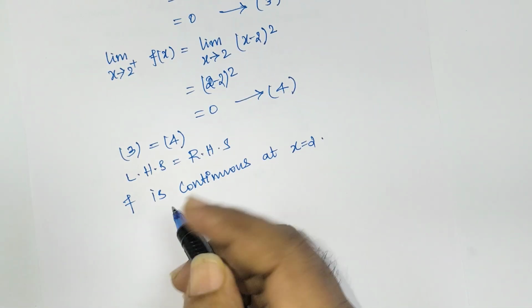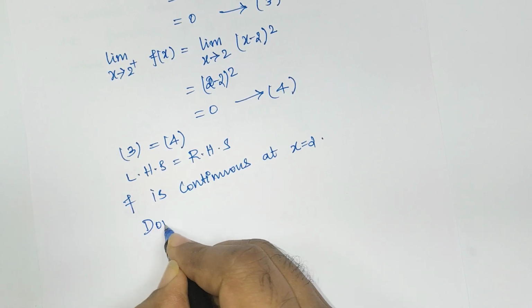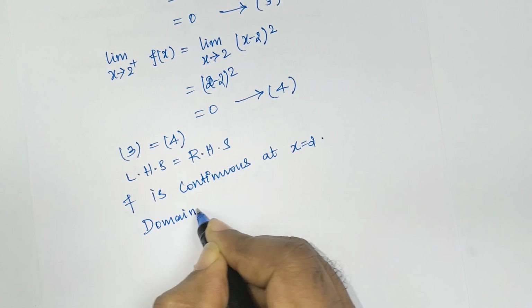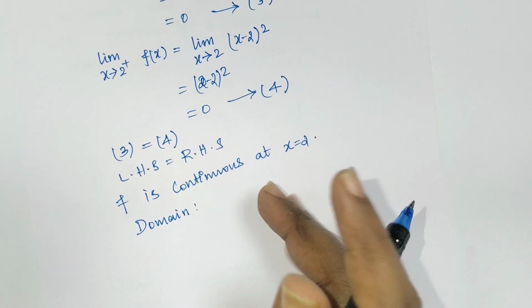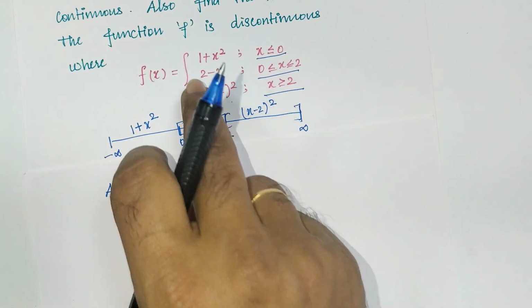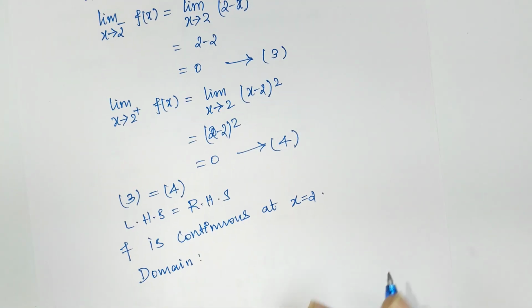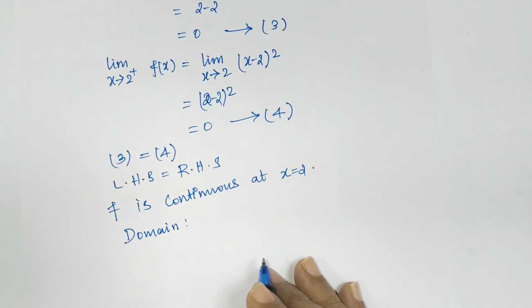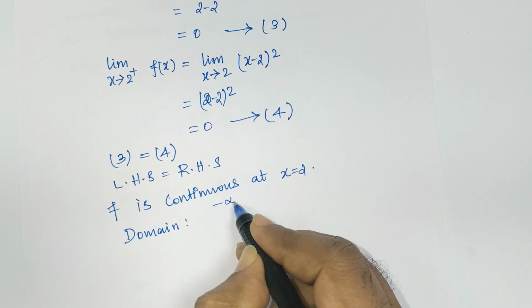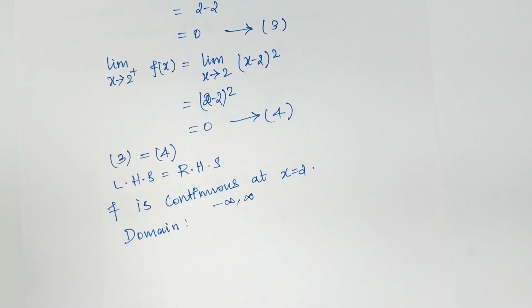If it is continuous, we are able to find the domain. So the domain at a particular continuous point: here in your problem there is no denominator term and there is no square root. Simply you can understand your function is continuous, your domain is minus infinity to plus infinity, right?